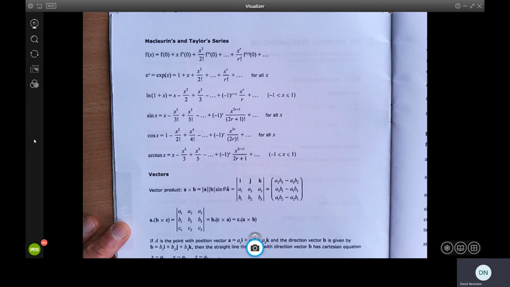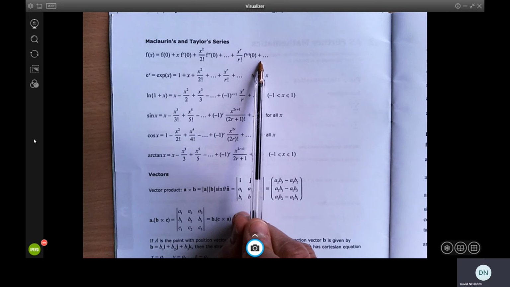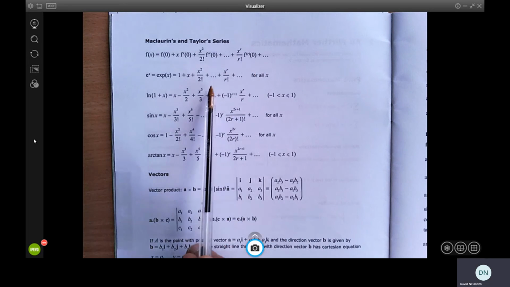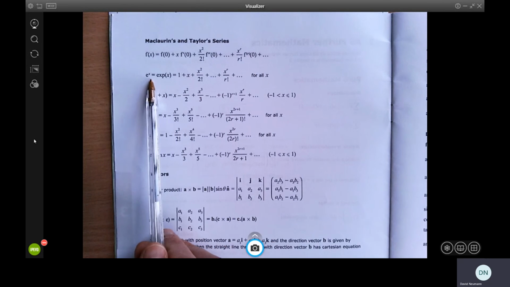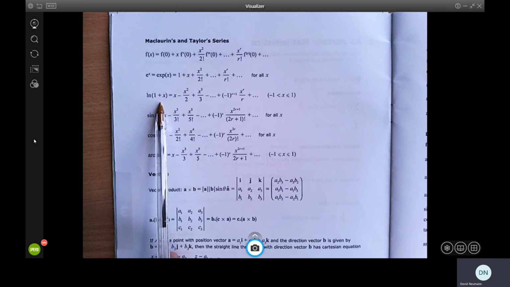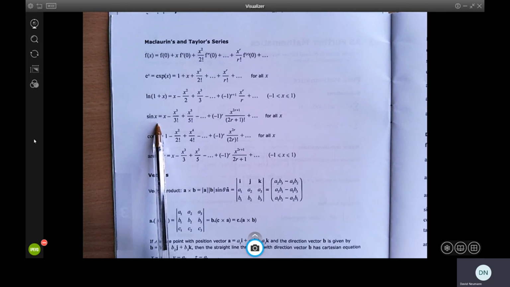It's in both the sections for AS Further Maths and for A-Level Further Maths. So here's the formula for the Maclaurin series, and here are specific Maclaurin series for e to the x, for ln of 1 plus x, that was the example that we saw just now, for sine of x, which we've also seen, for cosine x, and also for arctan of x.